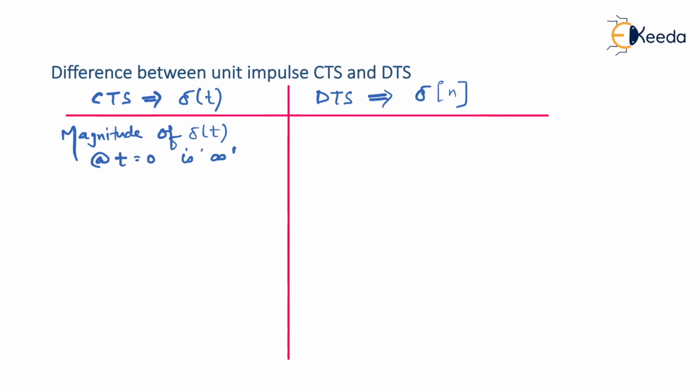Here, the magnitude of del of n at n equal to 0 is 1.